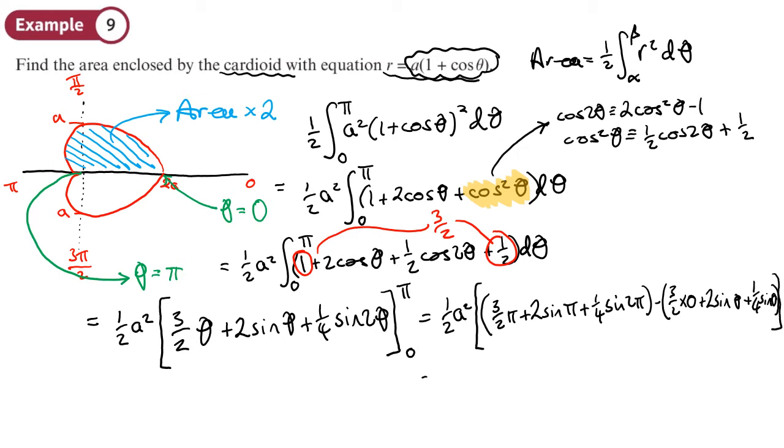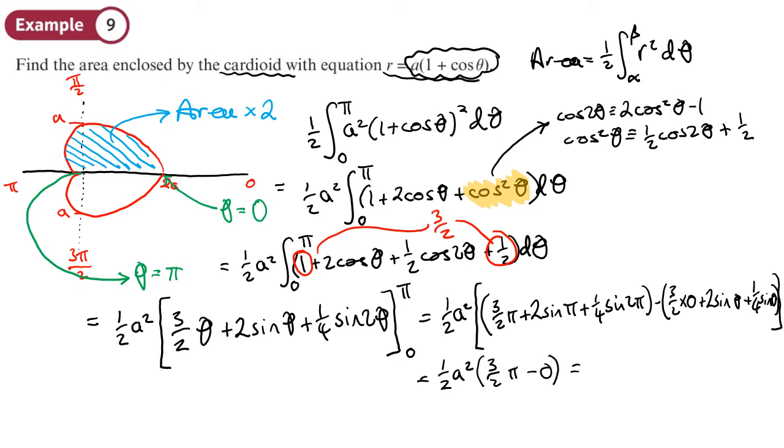Just about got enough space. So half a squared. The first bracket just becomes 3 over 2 pi. The second bracket just becomes 0.